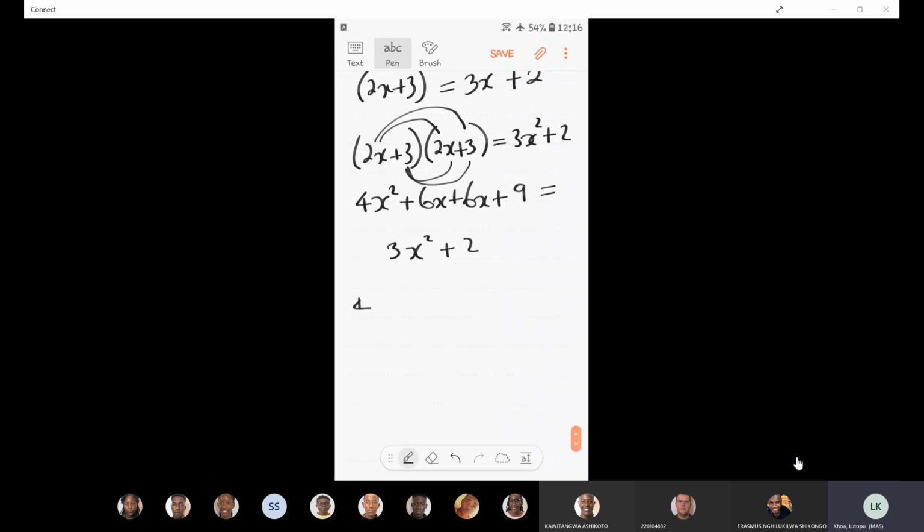So you have 4x squared plus 12x plus 9. This is equal to 3x squared plus 2. Okay, then you subtract 3x squared on both sides. You have x squared, and the 12x will stay as it is. And then you can subtract 2 on both sides.